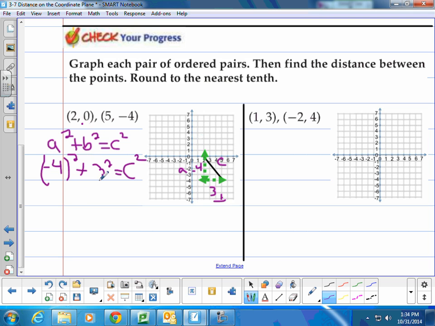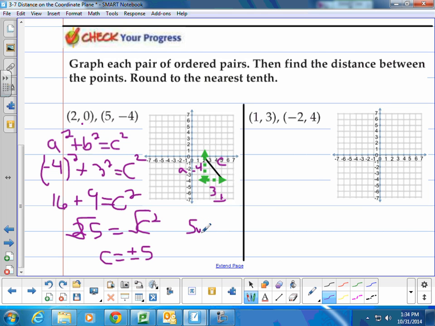So then I can evaluate and find out what C squared is. -4 times -4 is a positive 16. 3 squared is 9. And this all is going to be equal to whatever C is times itself. So that's 25 equal to C squared. Take the square root. And I get that the value C is plus or minus 5. So that means that these points are 5 units from one another.